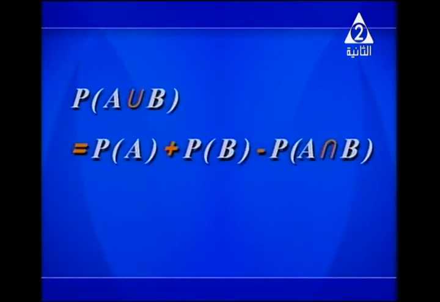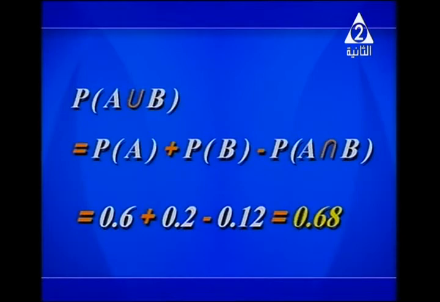Then what is the probability of the union of A and B? It equals the probability of A plus the probability of B minus the probability of the intersection of A and B. By substitution, the probability of A union B equals 0.6 plus 0.2 minus 0.12, and the answer is 0.68.